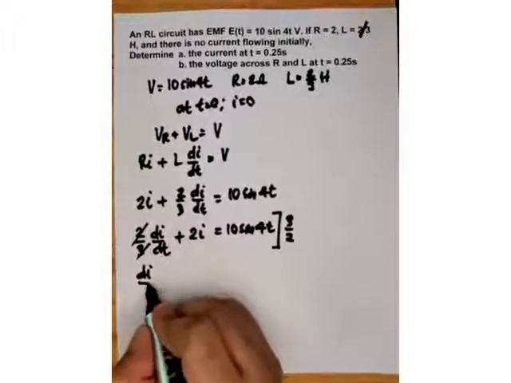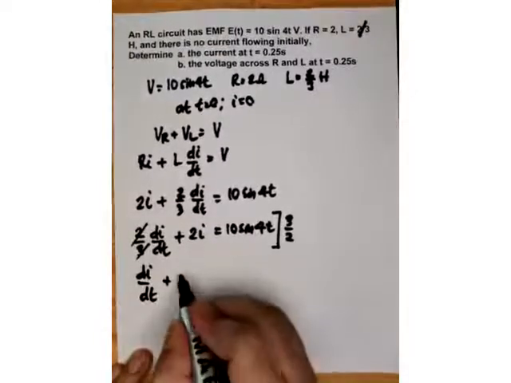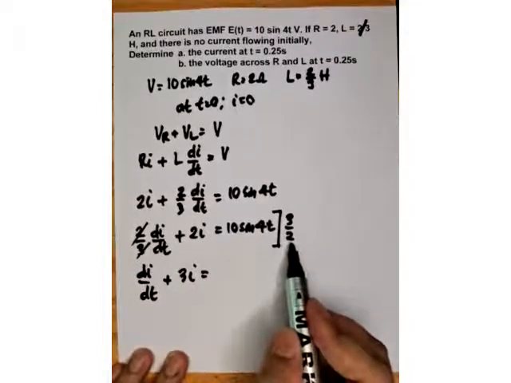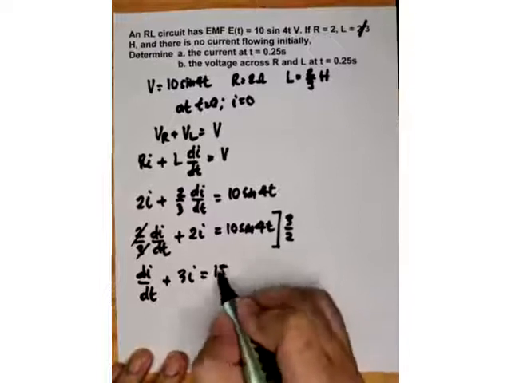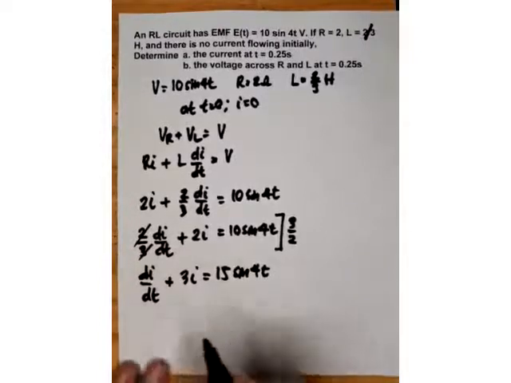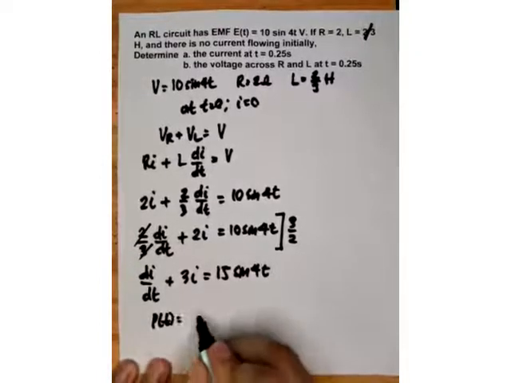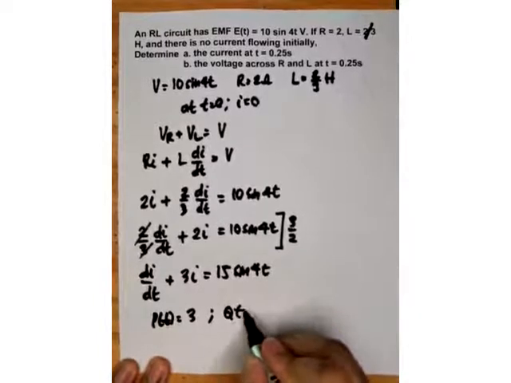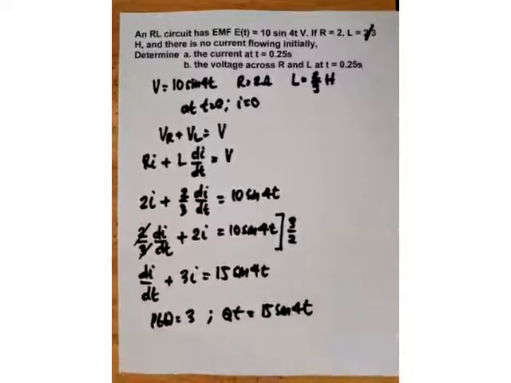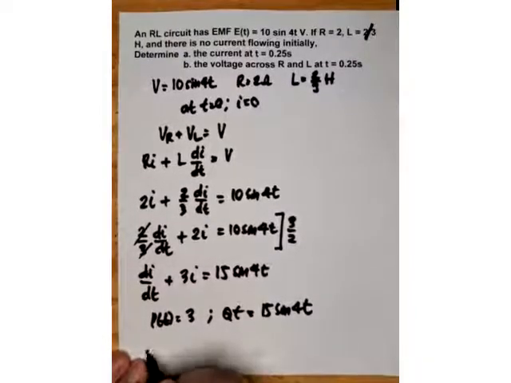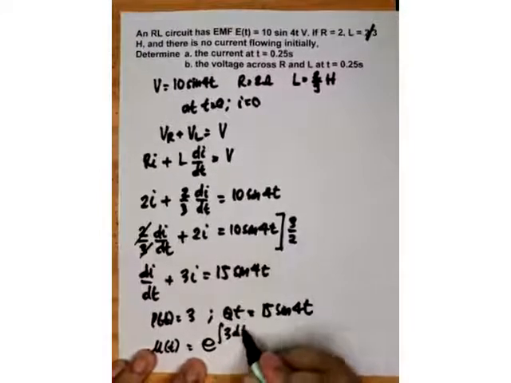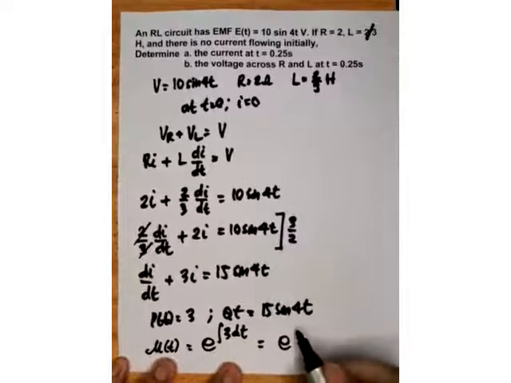So we'll have di over dt plus 3I is equal to 10 divided by 2, that's 5 times 3, that's 15. So 15 sine 40. Ayan. So ibig sabihin, yung P of t natin ay 3, and then yung Q of t is equal to 15 sine 40. Okay, so what's our integrating factor? So that's equal to e raised to the integral of 3 dt, or that's equal to e raised to 3t.